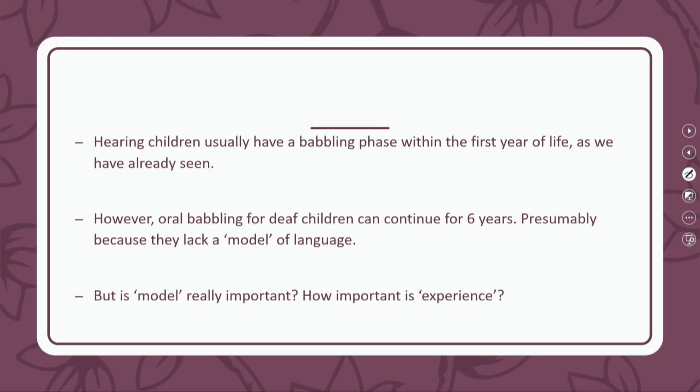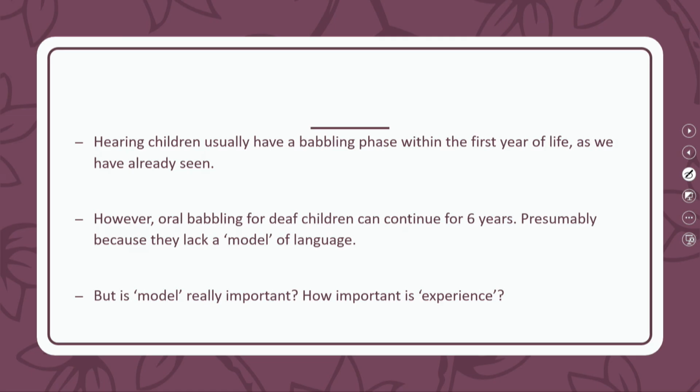This is also taken as evidence, because this happens as they lack a model of language. So, basically there is no input, the epigenetic information is not there, the environmental input is not there, and that is probably why this babbling continues for a long time.